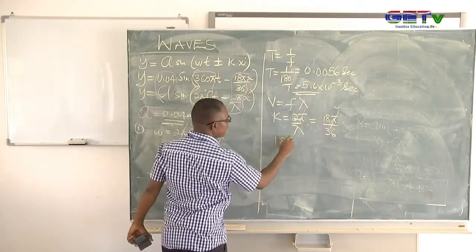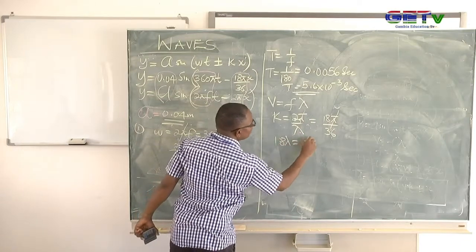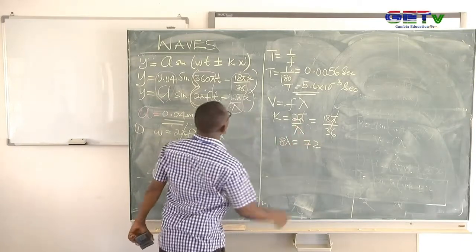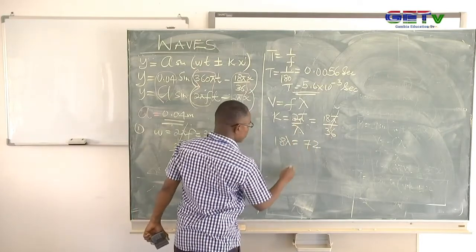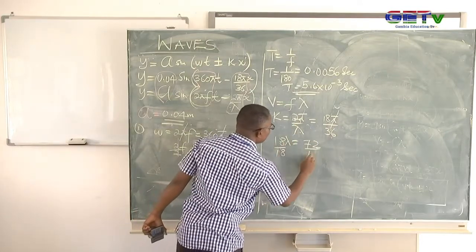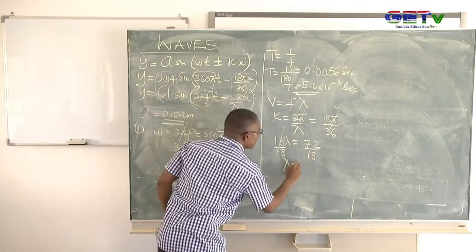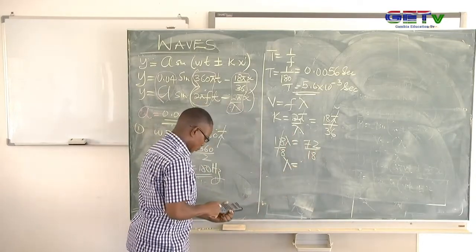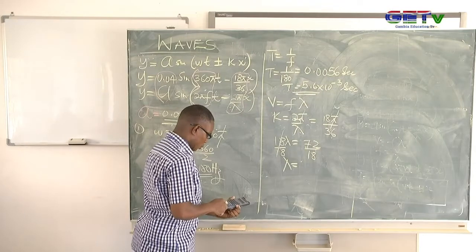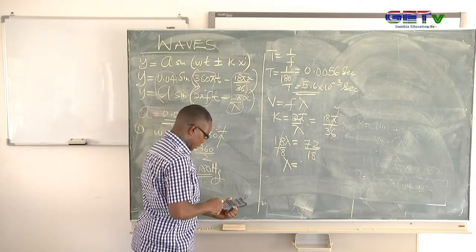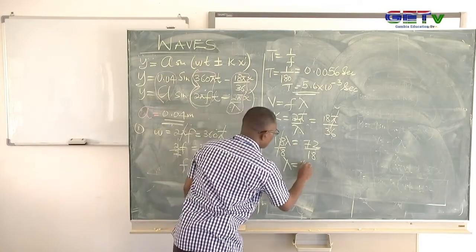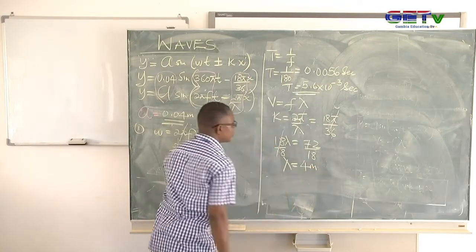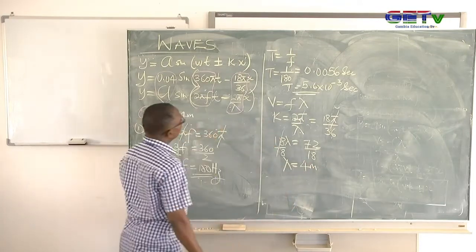So I cross multiply: 18 lambda equals 72. So lambda is 72 divided by 18, which is 4 meters.